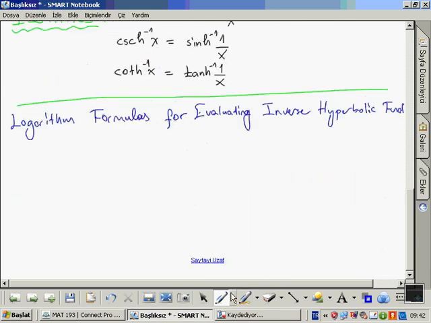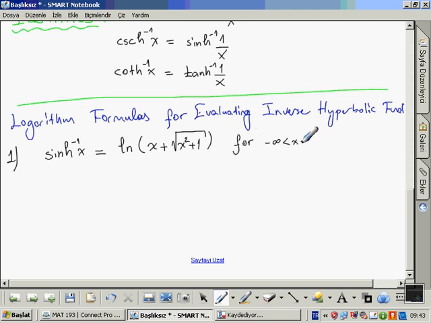First one, inverse sinh x is equal to ln of x plus the square root of x squared plus 1, for x on the real line.